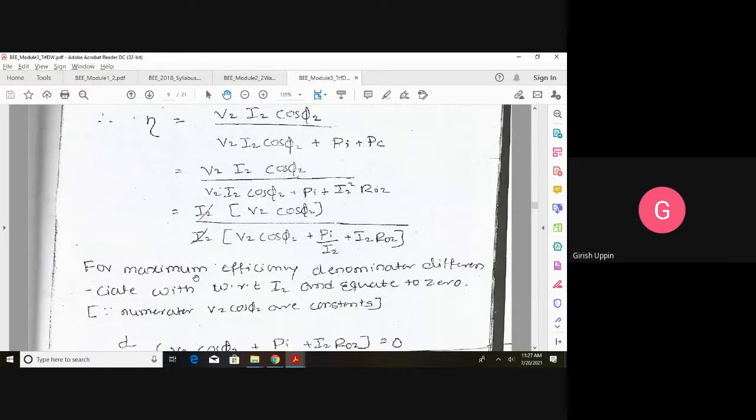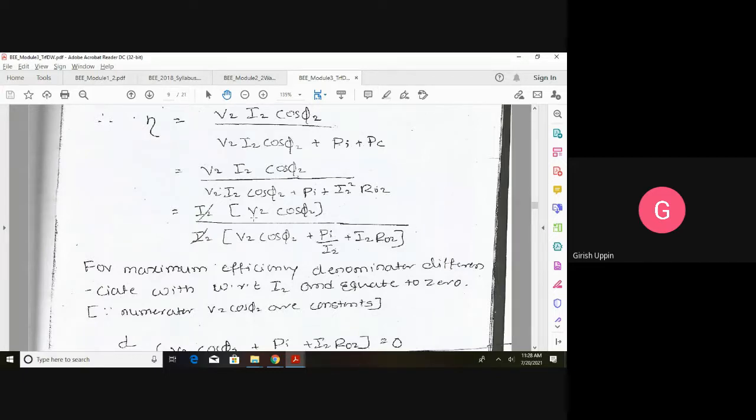Now, what we want is the maximum efficiency. How can we achieve the maximum efficiency? By having a very small value for the denominator, then we can have a maximum efficiency. If the denominator value is much less than the numerator value, we will get a maximum value for this ratio.